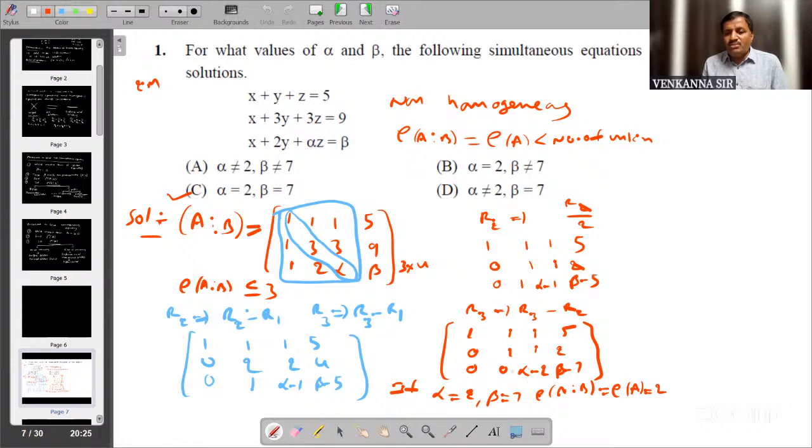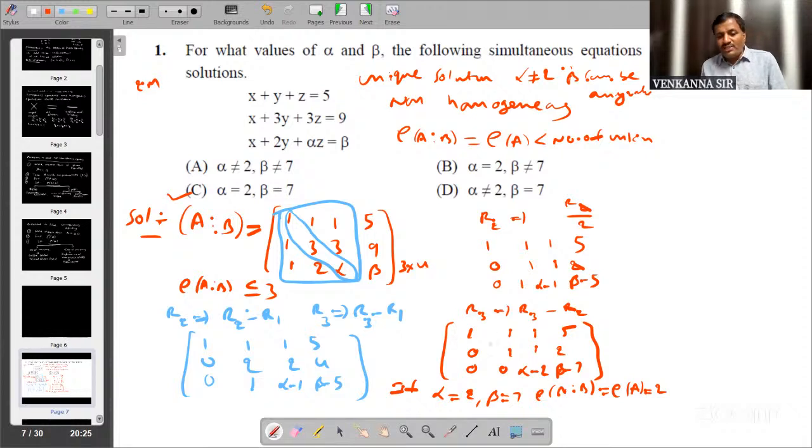Both the ranks become 3, that is equal to number of unknowns. Then for unique solution, alpha not equal to 2, beta can be any value. That point you have to remember for unique solution.